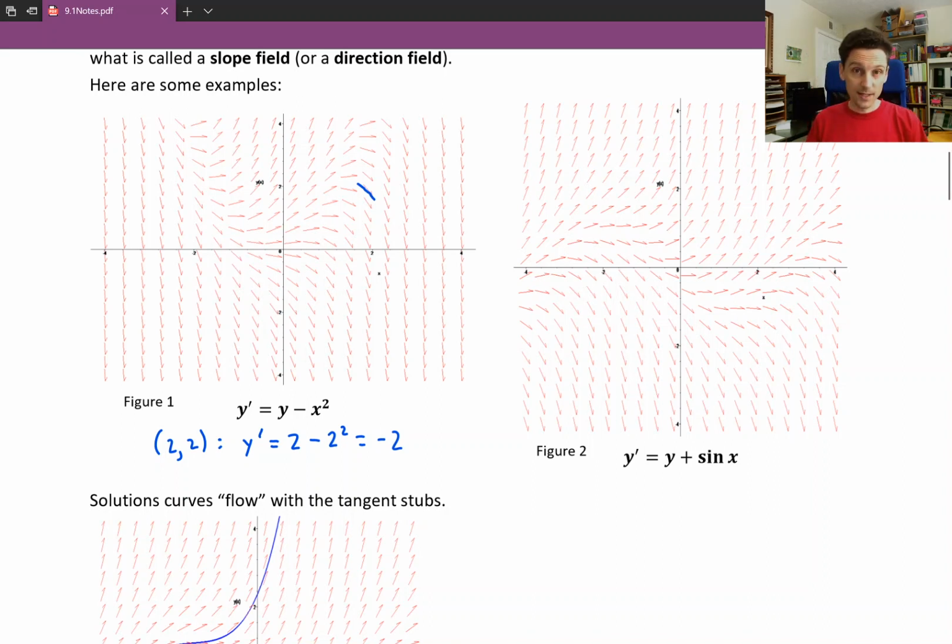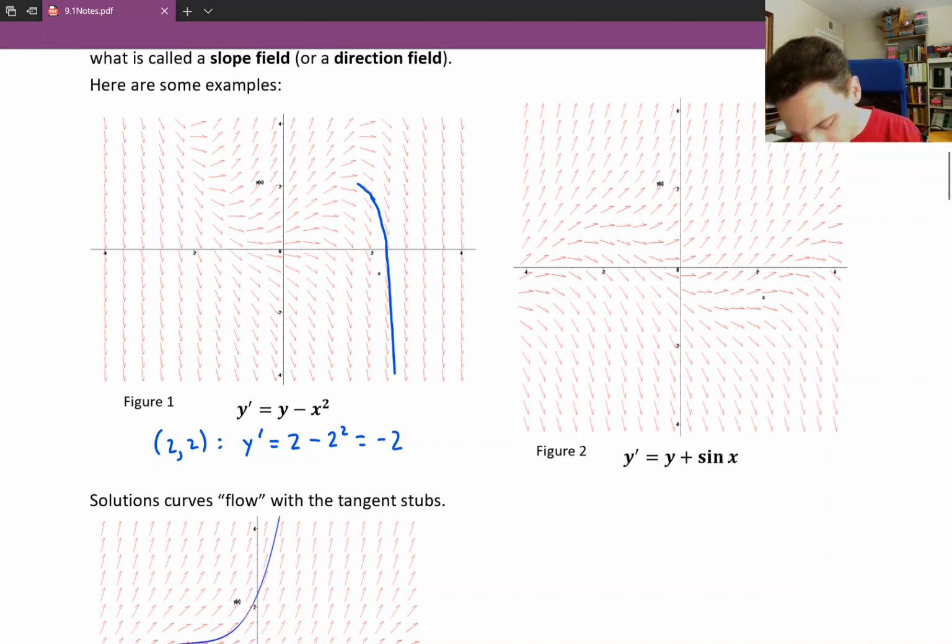Now you could use the other tangent stubs to help figure out what the flow of that curve is as you're moving around, as you're going from left to right. It kind of flows along with these other direction fields. It's going to be going steeper and steeper down as you go to the right.